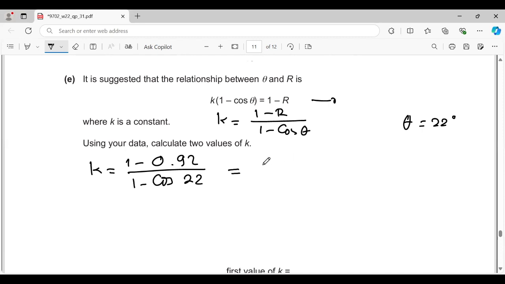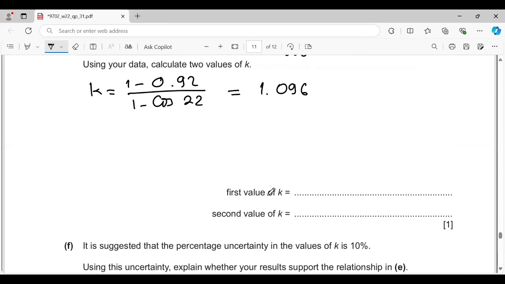So I have calculated this. K equals 1.096. The first value of k, before approximation, is 1.095890, and the second value of k is 1.096.